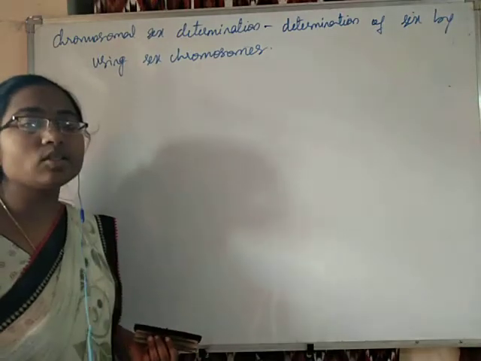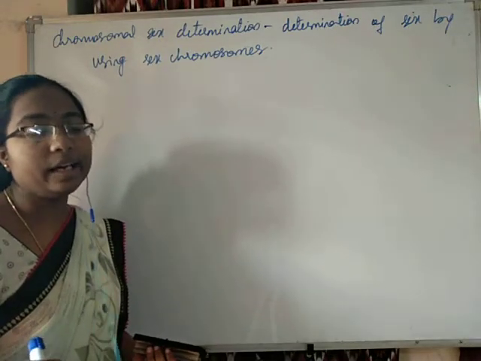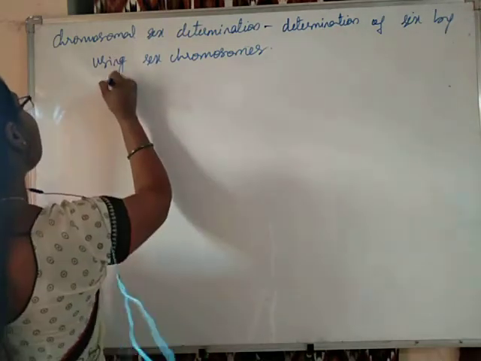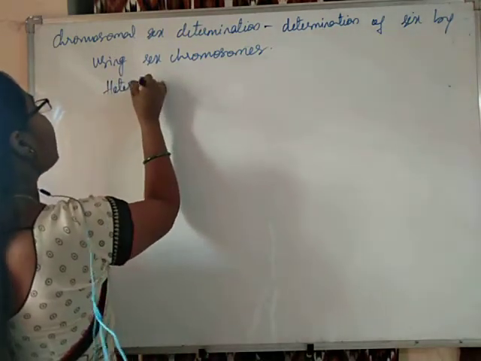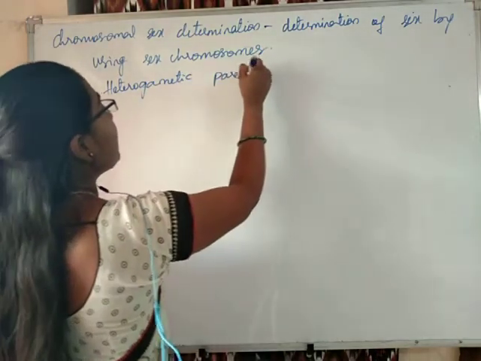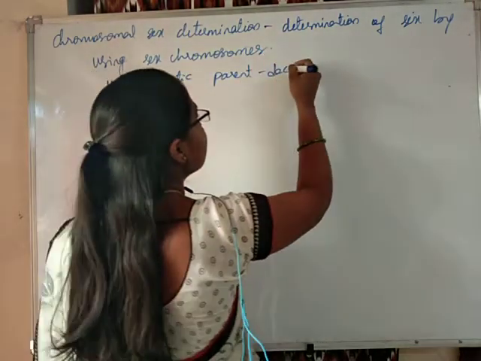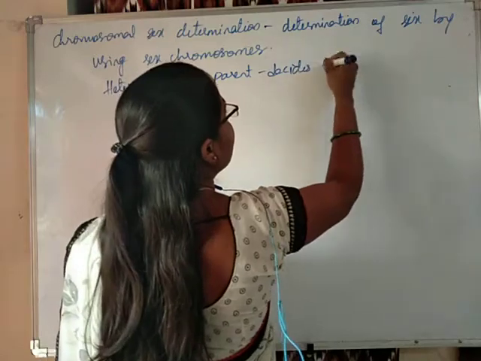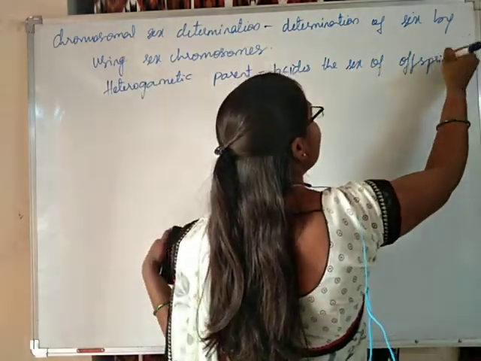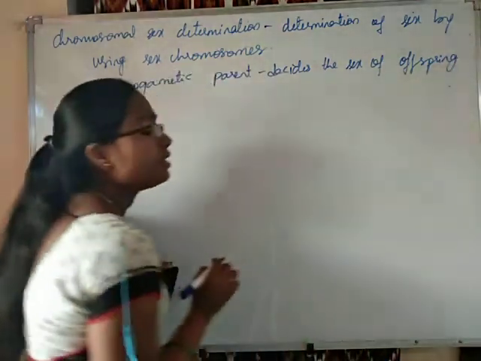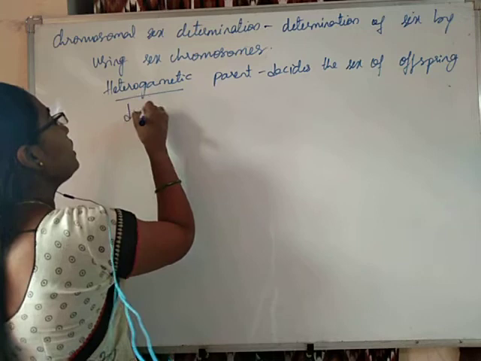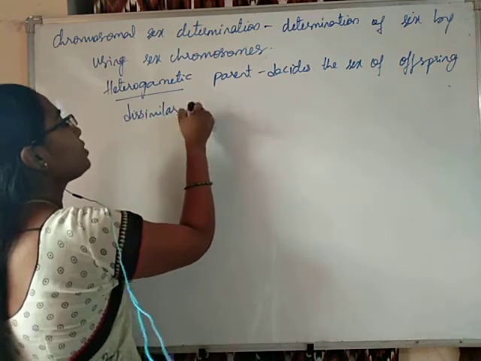Generally, the sex of the individual is determined by the heterogametic parent. Okay. The heterogametic parent decides the sex of the offspring, because the heterogametic parent produces dissimilar gametes, right.